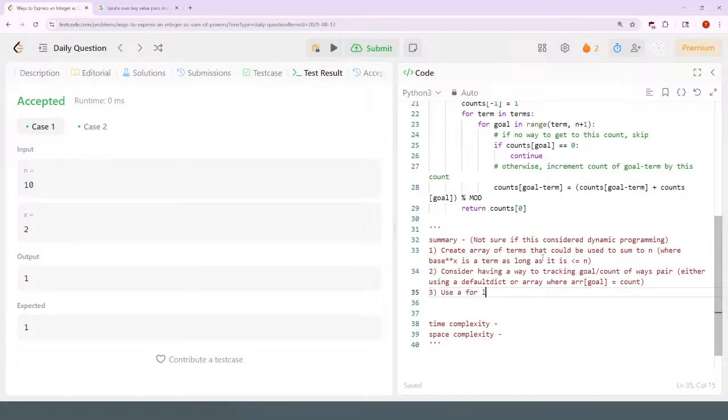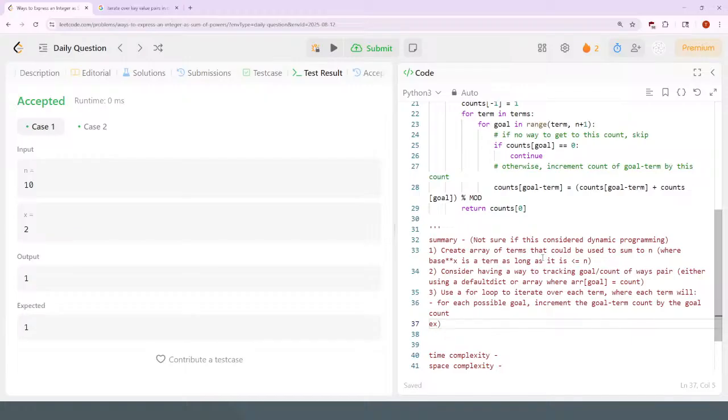Use a for loop to iterate over each term, where for each possible goal, you increment the count at goal minus term by the goal count.